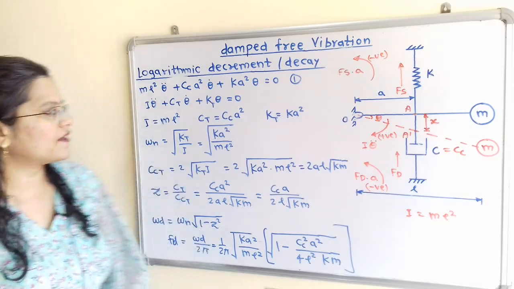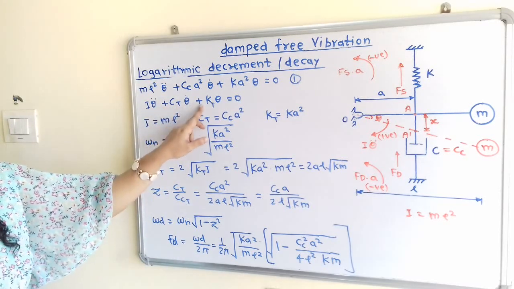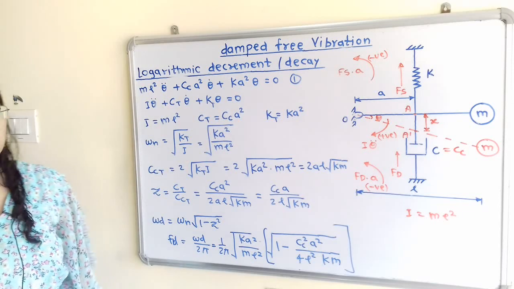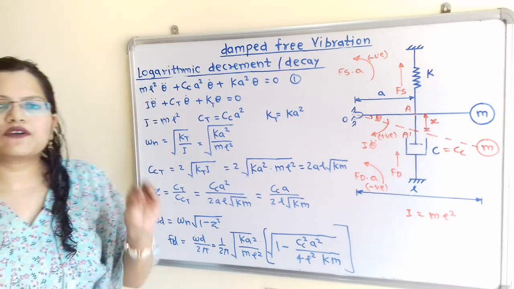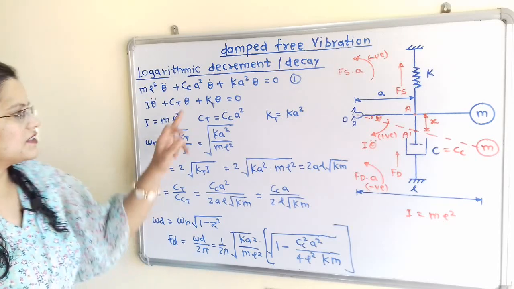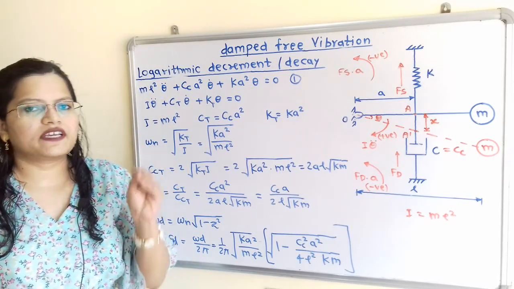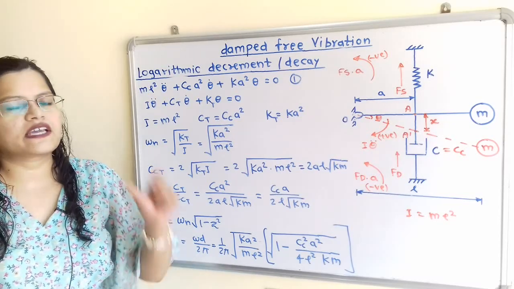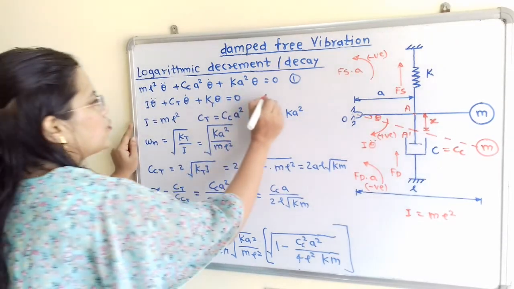So what is this equation? That is I theta double dot plus ct theta dot plus kt theta is equal to 0. Now what is this ct? That is the damping coefficient for the torsional system, and here kt is the stiffness for the torsional system, or we can say stiffness for that shaft. So this is the equation number 2.